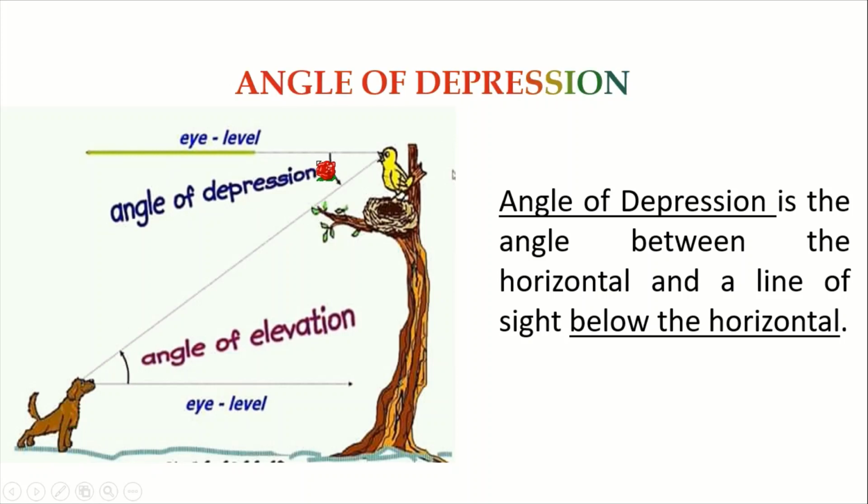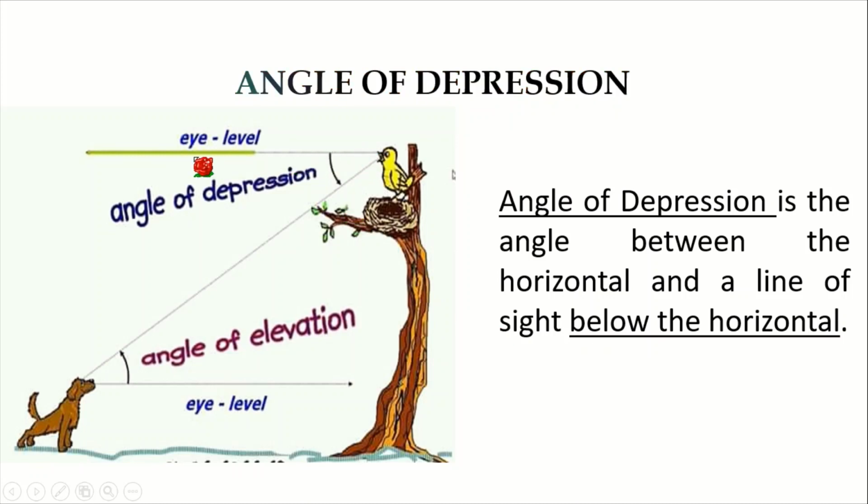So, yung angle of depression from eye level papunta pa ibaba, yun yung tinatawag natin na angle of depression. So, kung si angle of elevation is yung angle na na-form from the eye level pa itaas, si angle of depression naman is from eye level pa ibaba. Alright? So, angle of depression is the angle between the horizontal and a line of sight below the horizontal.